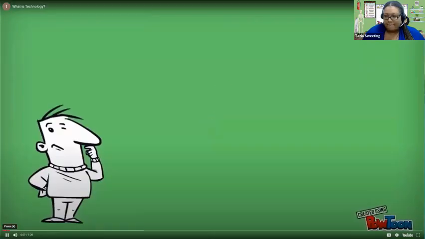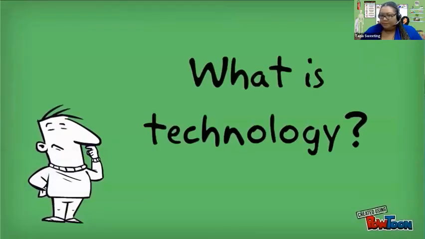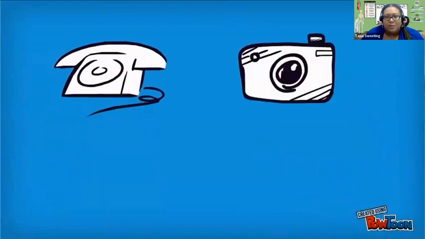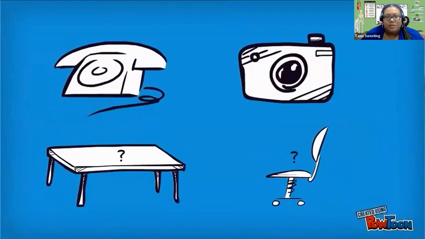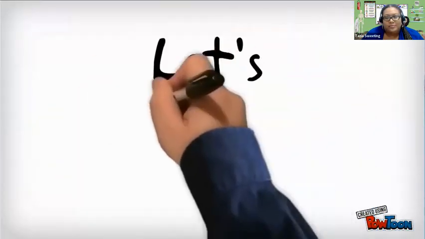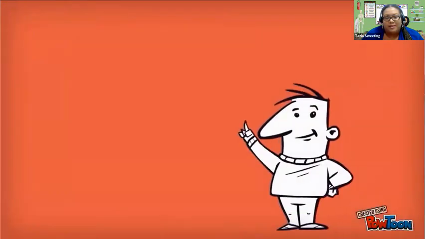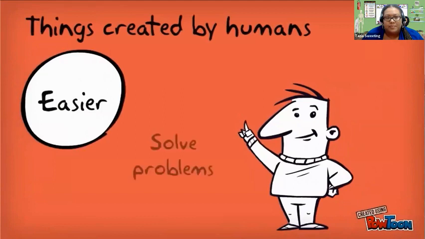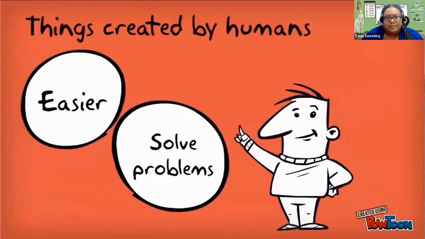Today we are going to answer the question, what is technology? When you think of technology, what do you think of? A telephone? A camera? But what about a table or a chair? Would you consider that technology? Let's investigate to find out. In the dictionary, technologies are things created by humans that can make our lives easier or solve problems.